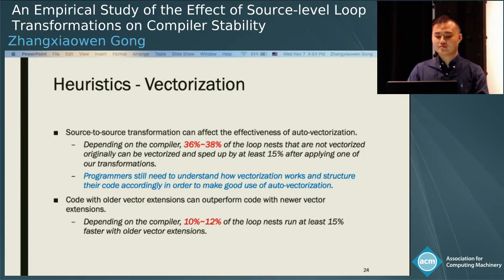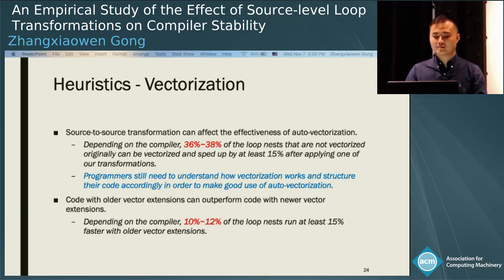Depending on the compiler, we found that 36 to 38% of the loop nests that are not vectorized originally can be vectorized and sped up by at least 15% after applying one of our transformations. This suggests that programmers still need to understand how vectorization works and structure their code accordingly in order to make good use of auto-vectorization.